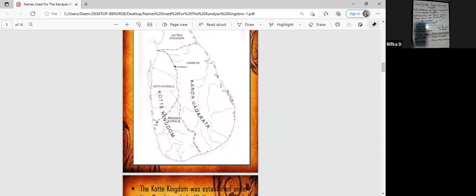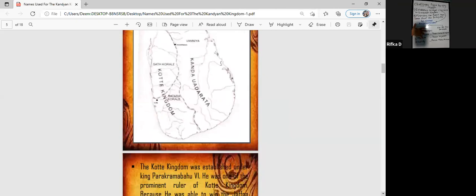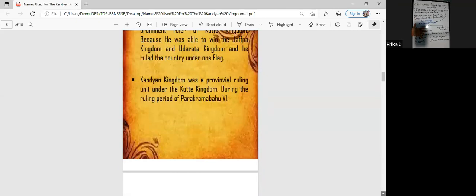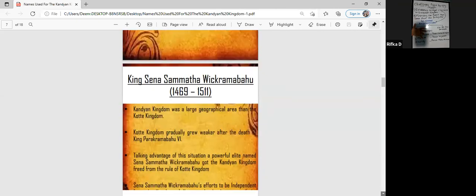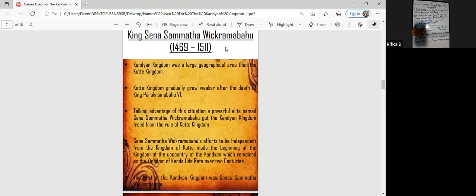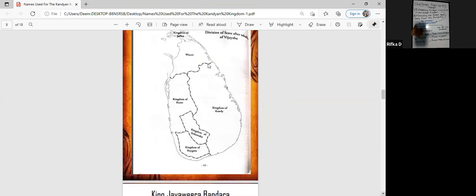It lost its power. Because of that, King Sena Sammata Vikramabahu established the Kandyan kingdom. So we learned about it.